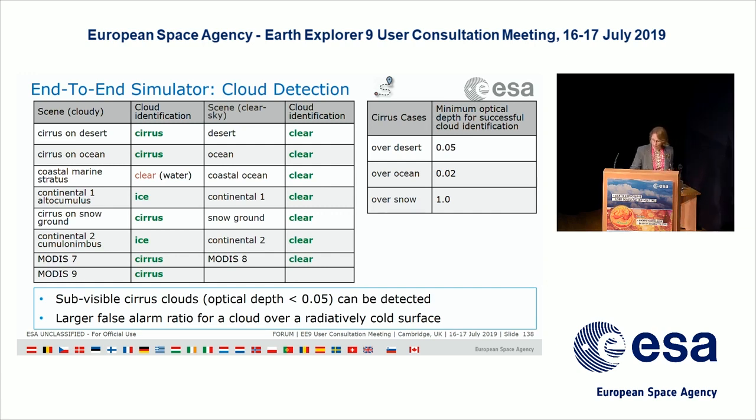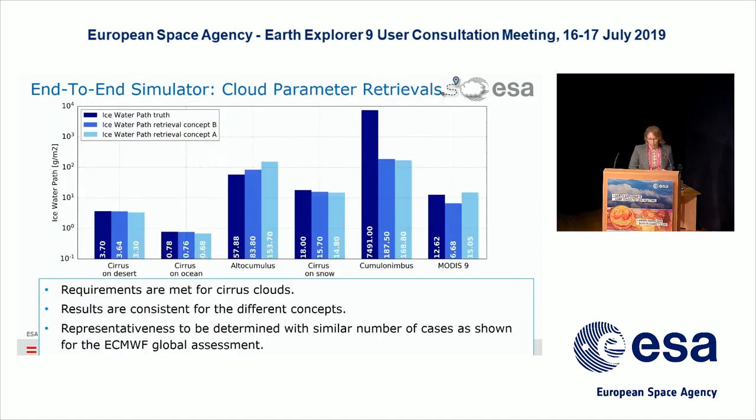So then the actual retrieval starts, the inversion, and I'm only showing here the ice-water path. You always have here the ice-water path in logarithmic scale because the cumulonimbus is out of scale here.